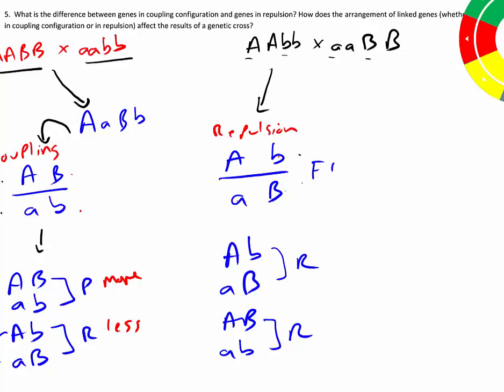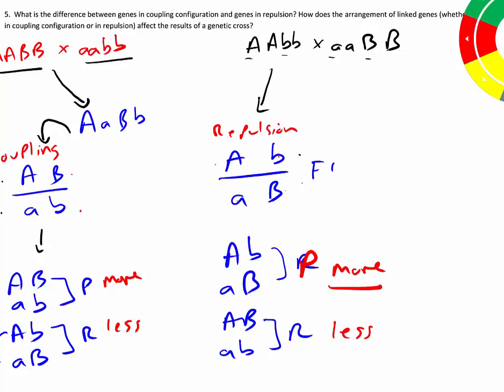One of these has to be parentals, so these guys are parentals, and these guys are recombinants. You'll notice I wrote these out a little bit different. I tend to write the parentals first, because I know this. But sometimes you don't know ahead of time which are which. So you just look at the outcome of a cross, and whichever ones are more, those are the parentals. And that's always the case.